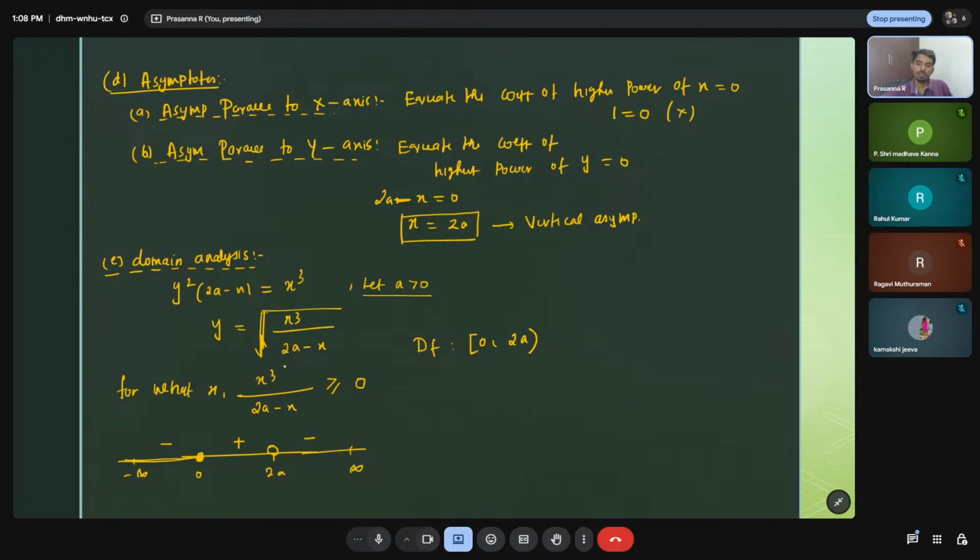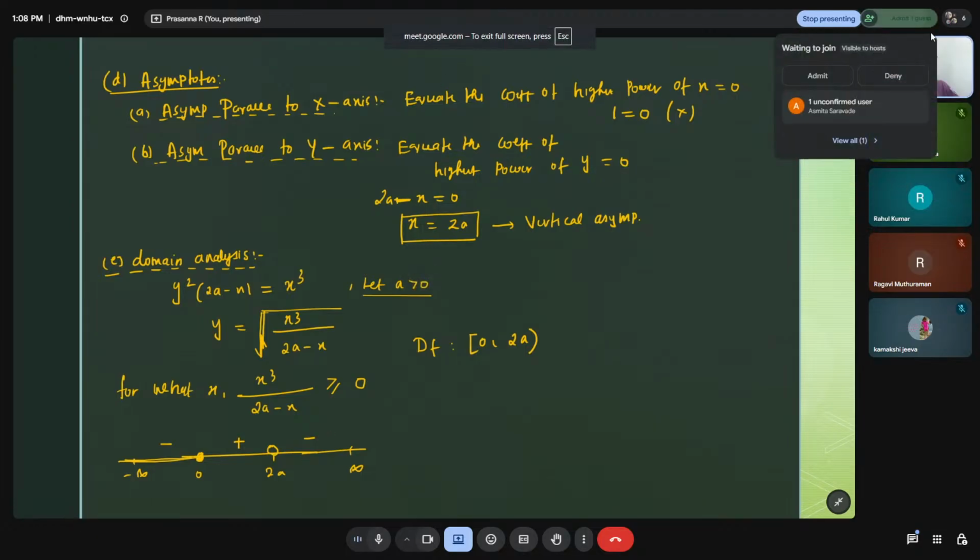I repeat, we need to find for what x, x cube divided by 2a minus x is greater than or equal to 0. So you apply wavy curve, you put numerator zeros, you put denominator zeros.